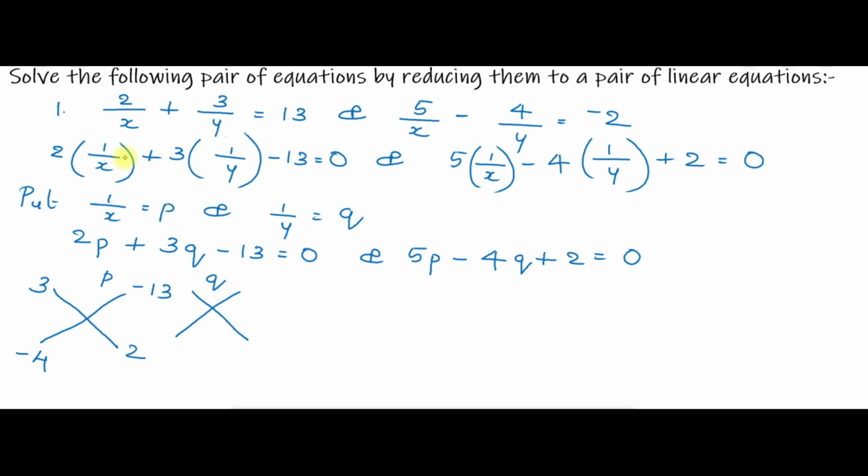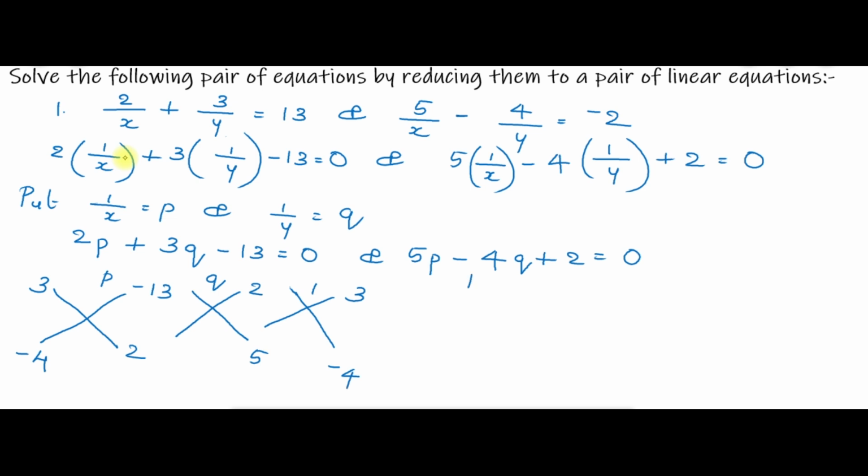For q I am writing p and constant terms, that is 2, 5. Again I am putting a cross mark. For constant 1 I am writing here, already p terms are there, so q terms 3 and minus 4.